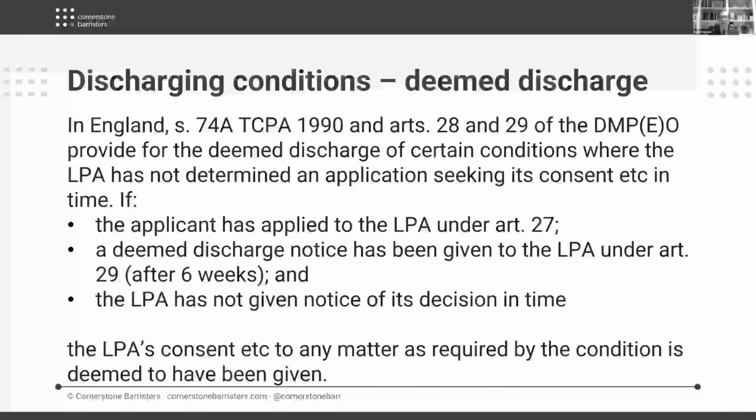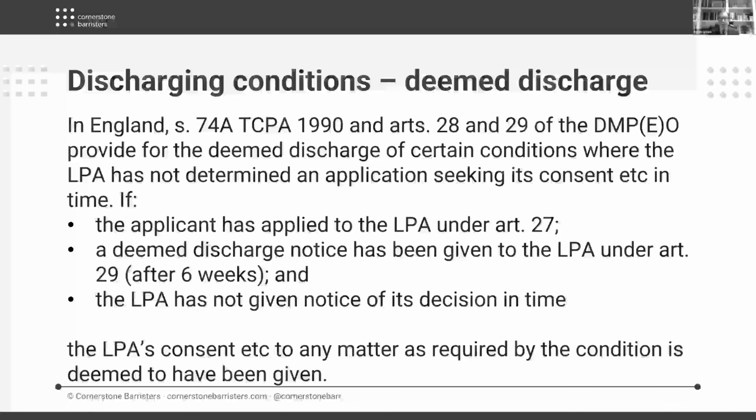So if a local authority is unable to determine a discharge application in time and a deemed discharge notice is given, it may find itself bound essentially by the details in the application, whether it would have been satisfied as to those details or not.